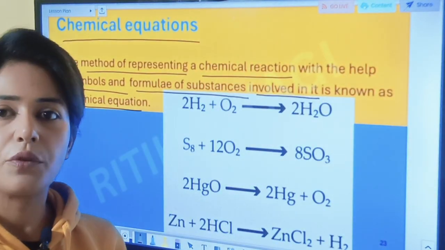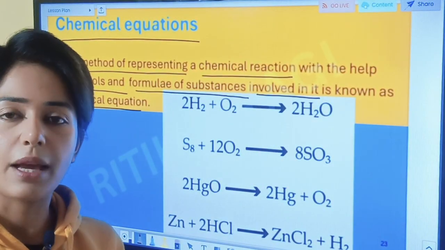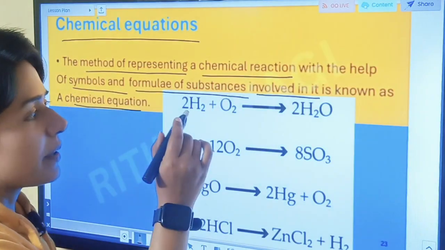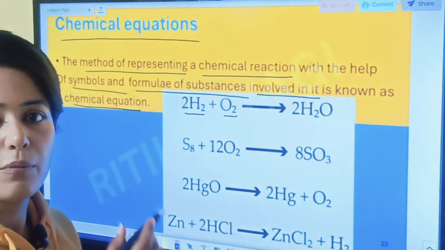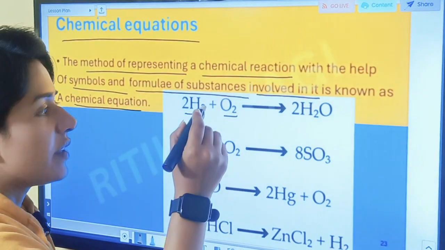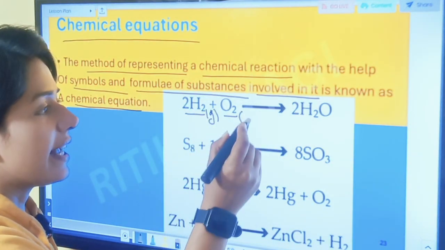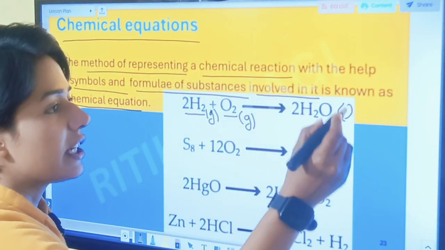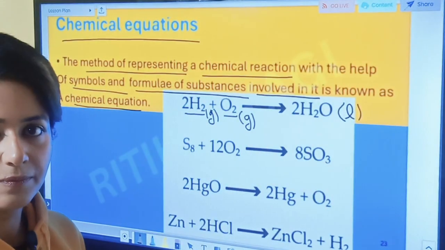A chemical equation is a representation of a chemical reaction in which we represent the substances with the help of their symbols, and also we can represent their state, that is G for gas, L for liquid, and S for solid.